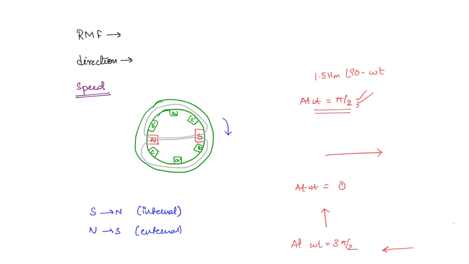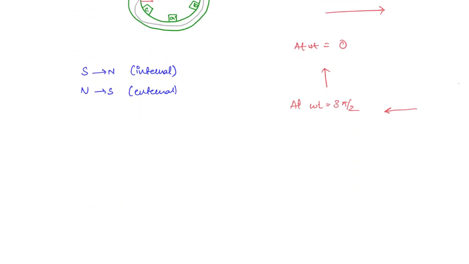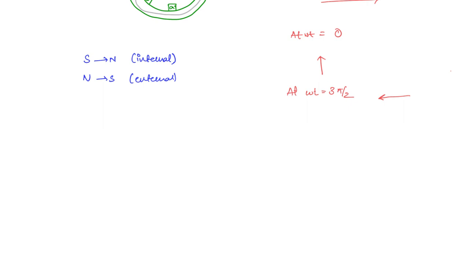So now we have established the rotating magnetic field, how to represent it in terms of a moving magnet, okay, which has the north and south pole. Now we can understand the speed very easily. You can take the different time instants.